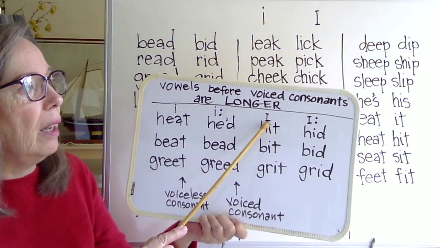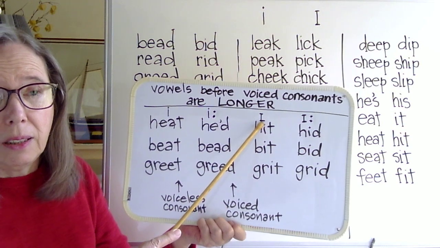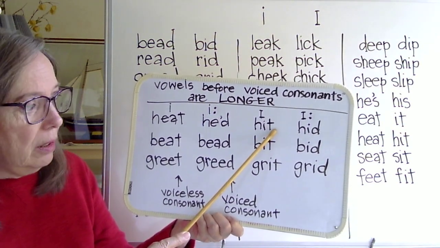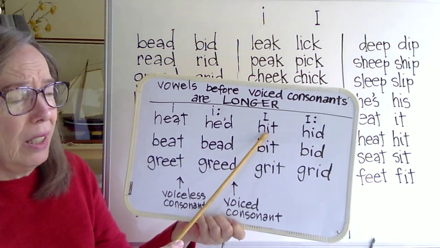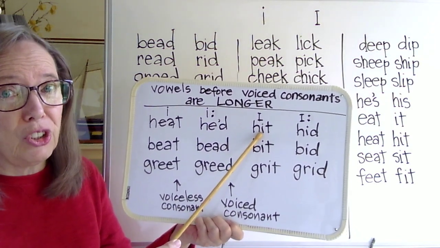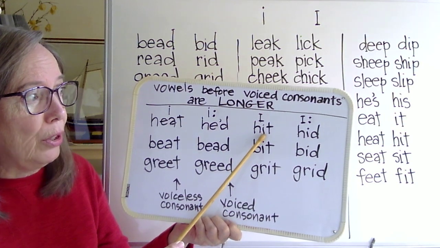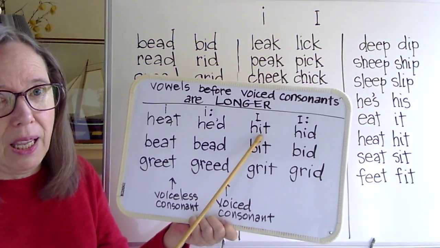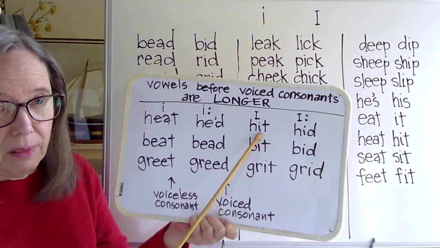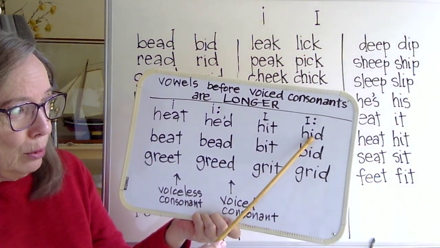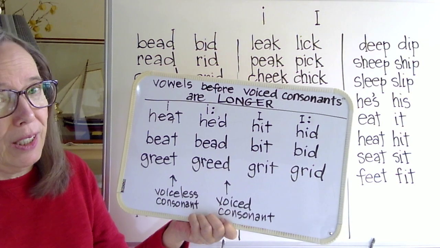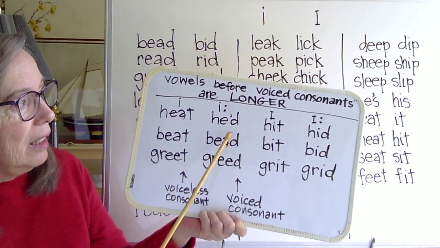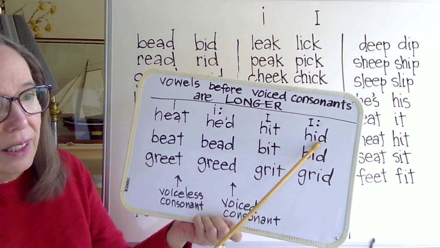And when we have short vowel I followed by a voiceless consonant, this one is going to be the shortest, shorter than this one. So these two words will have a big difference. But these two, the difference won't be quite as big. Heat, heed, hit, hid.